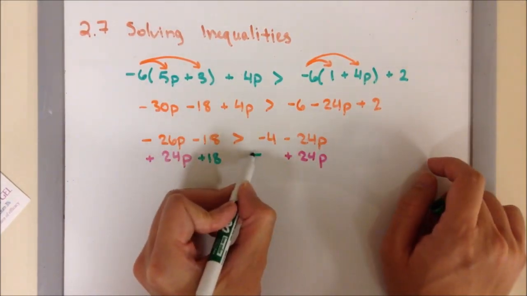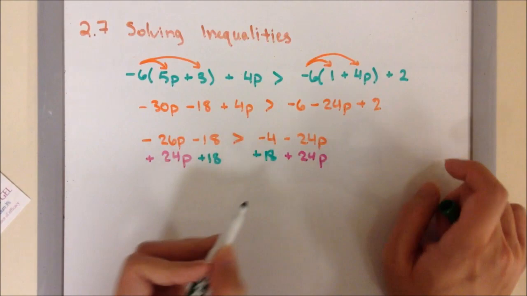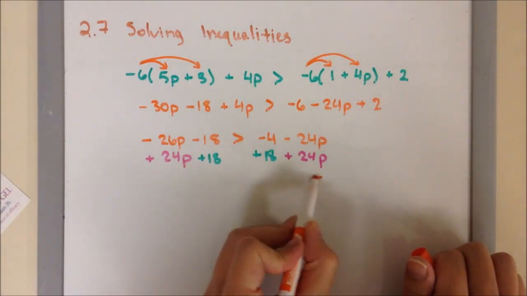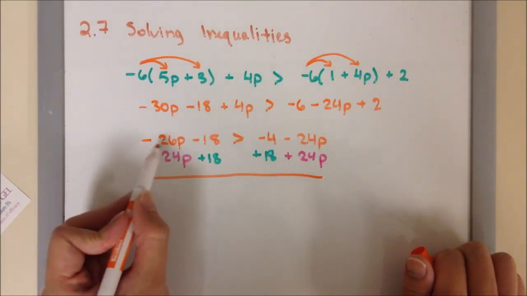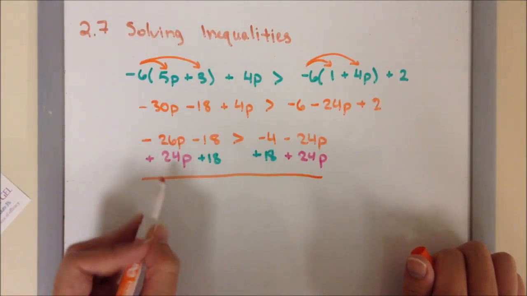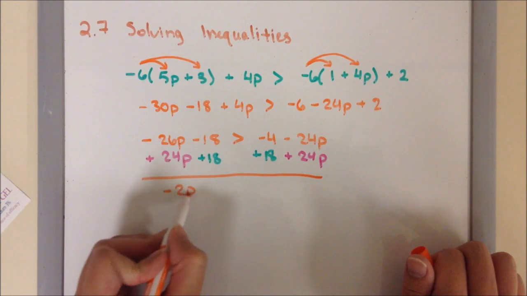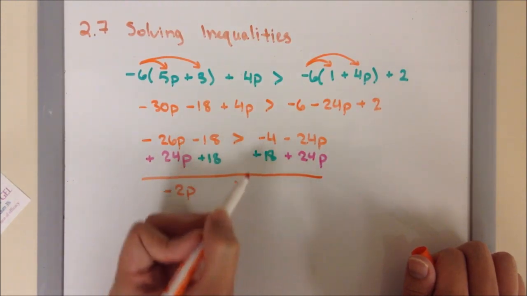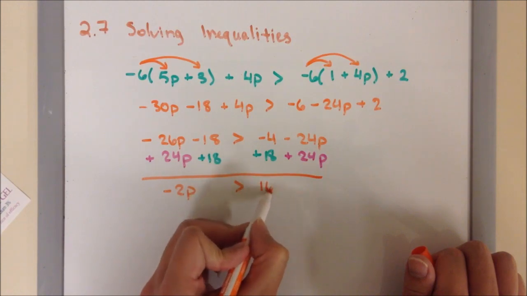Then I'm going to add 18 on the right. So when I do that, negative 26p plus 24p will be negative 2p greater than negative 4 plus 18, that will be 16.